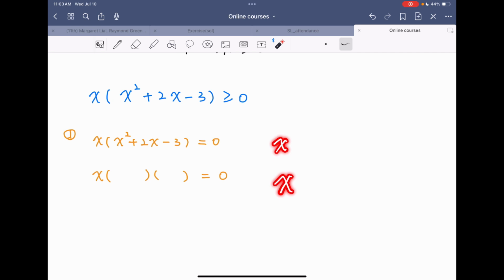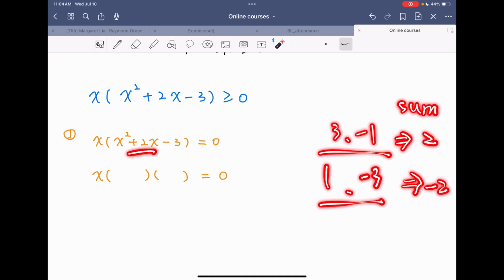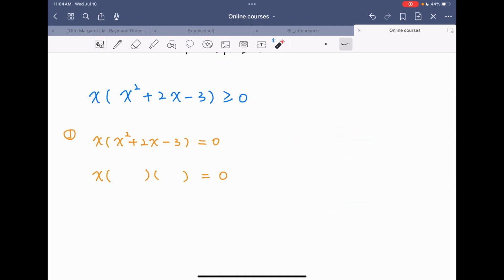Minus 3 can only be achieved by 3 and minus 1, or minus 3 and 1. These two possibilities. For the sum, this one will give us 2, this one will give us minus 2. This is talking about the sum. So we can see here is positive, we'll pick this one.